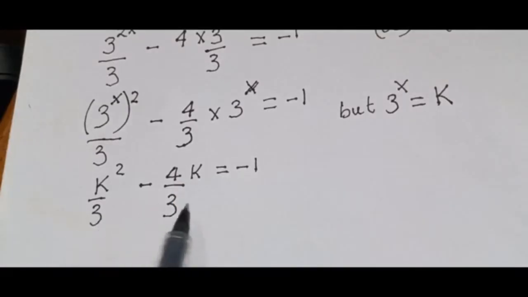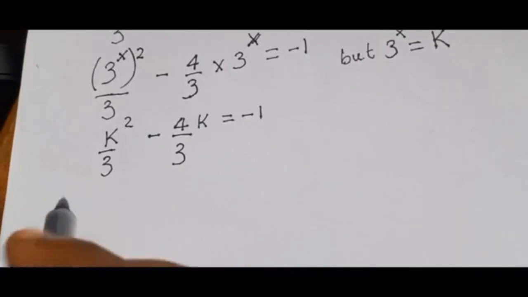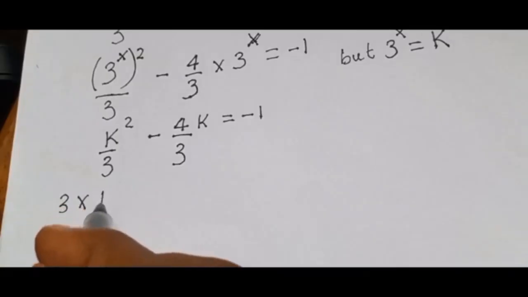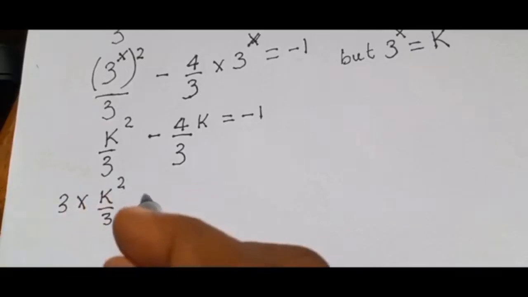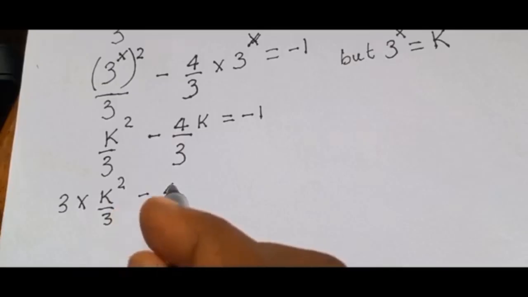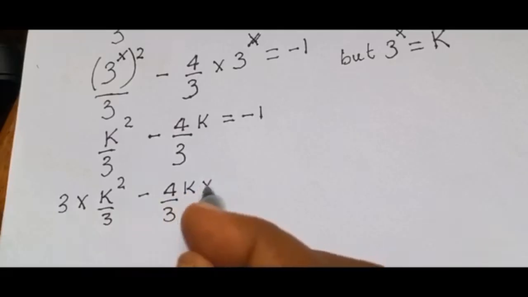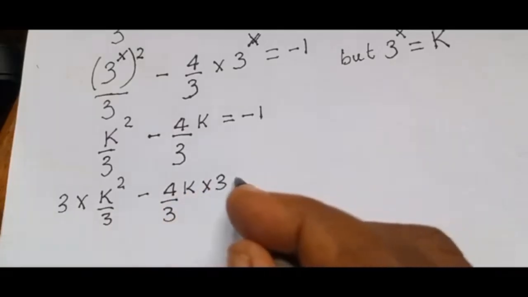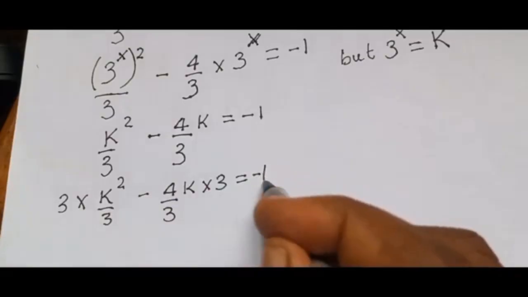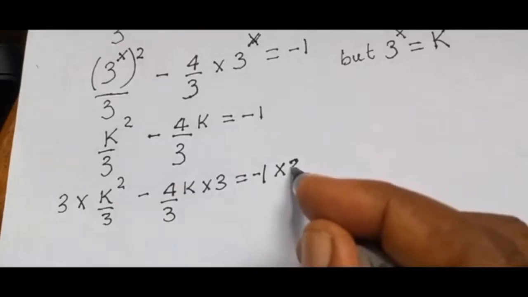Multiply by 3 throughout. So we have 3 times k squared over 3 minus 4 over 3 k times 3 equals -1 times 3.